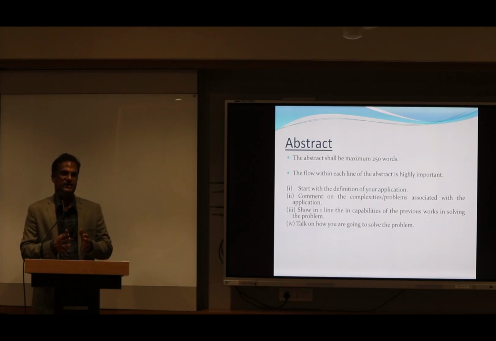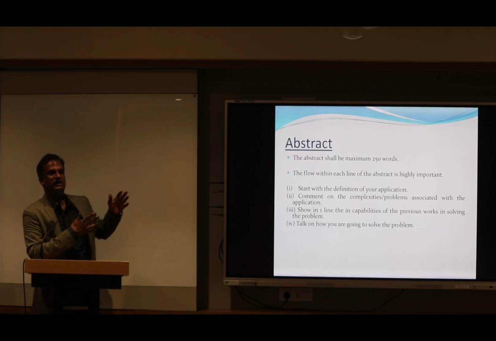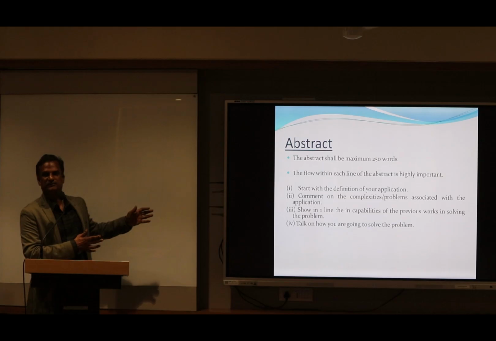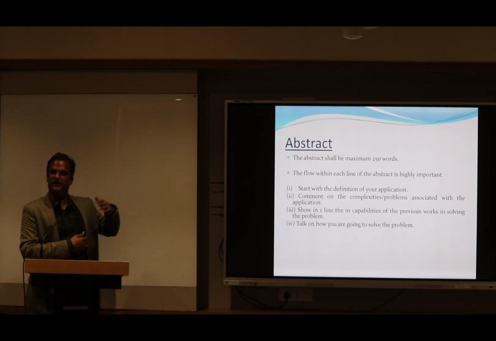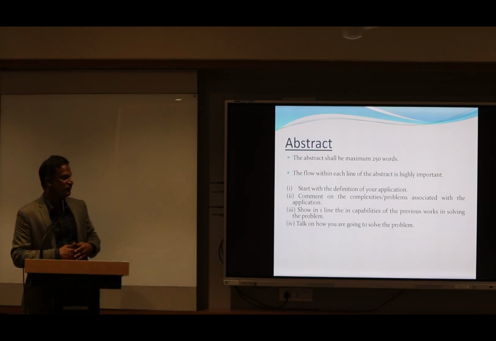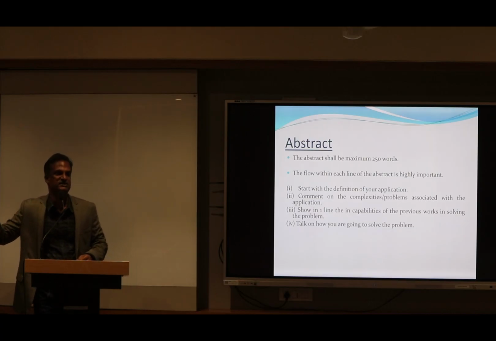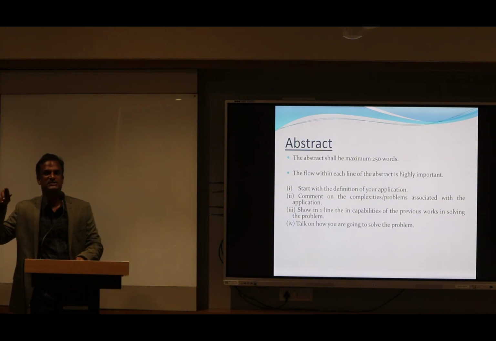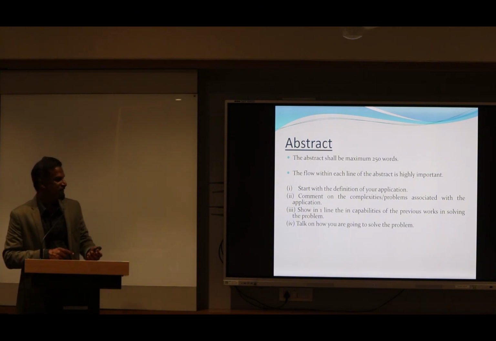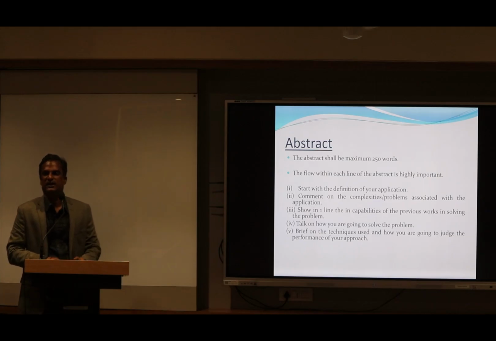The previous 3 or 4 lines belong to the existing part. So from the first 3 lines I will find out the problems, and from the 4th line I will find out that this person has made some changes in the methodologies or the technologies. That you have to highlight in your 4th and also the 5th line.